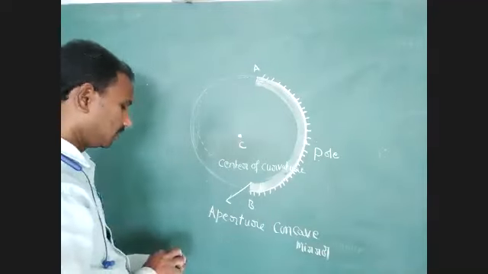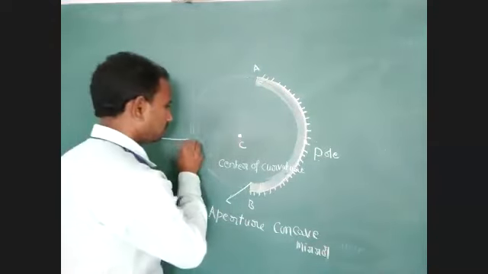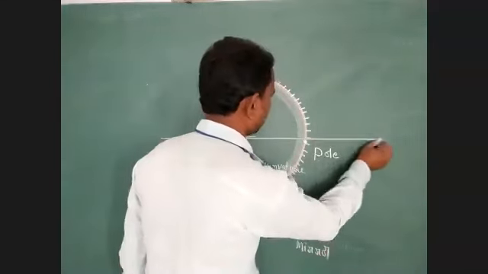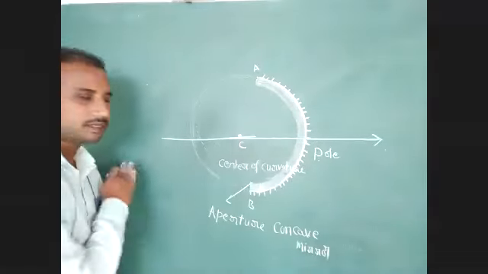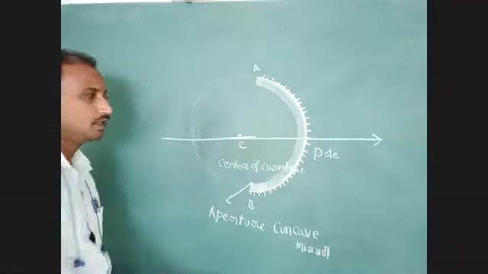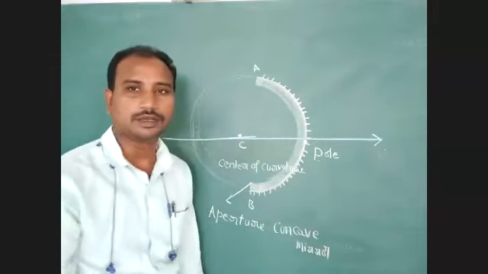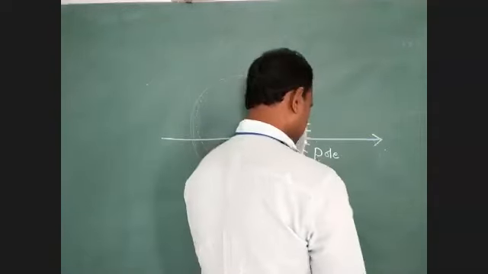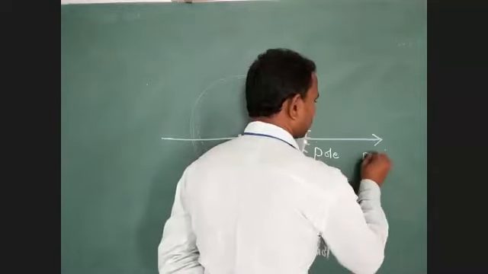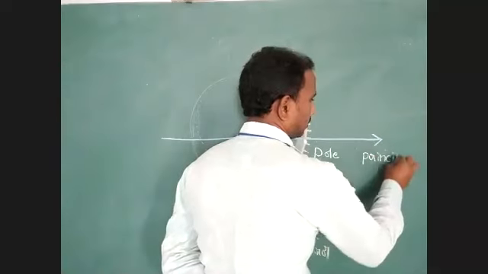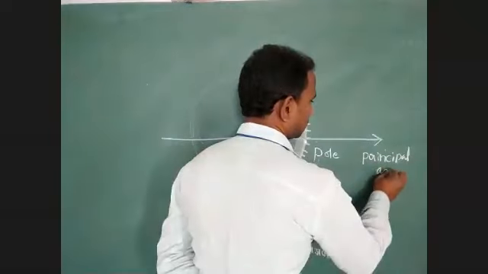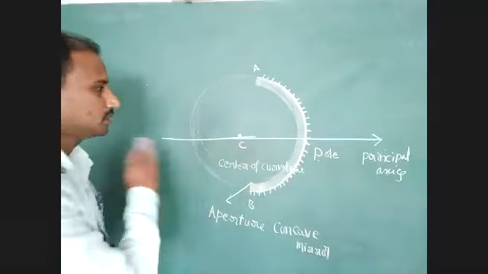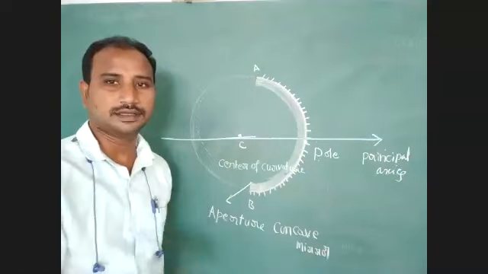This line is called the principal axis. So this line is a reference line. Just identify it.